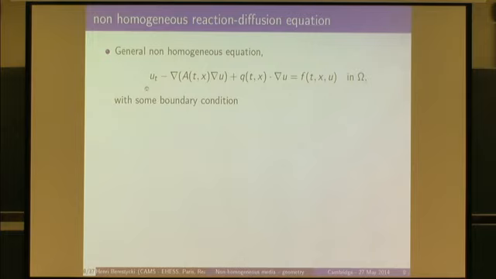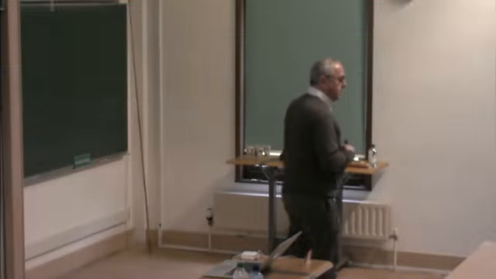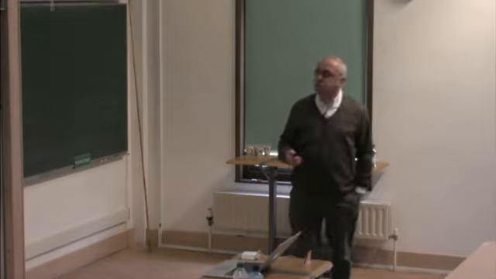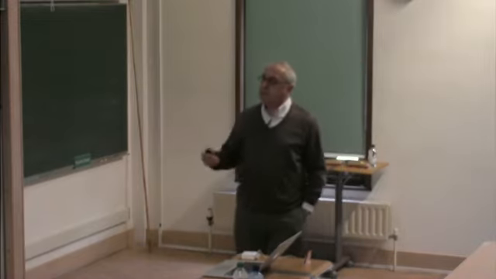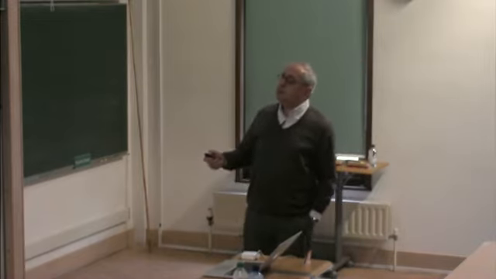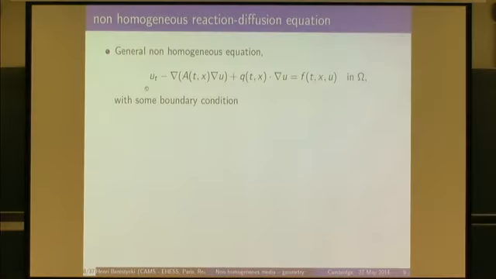Now, if you want to look at non-homogeneous situations, there are, of course, a lot of works that address this question. There are many ways a non-homogeneity can come in. To start with, if you look at an equation where the coefficients of the equation, the nonlinear term of the equation, vary with time and space, so they have a t dependence and x dependence, then you have a non-homogeneous equation.